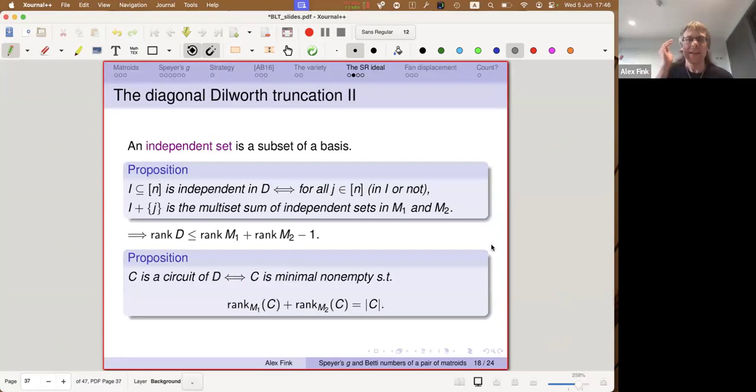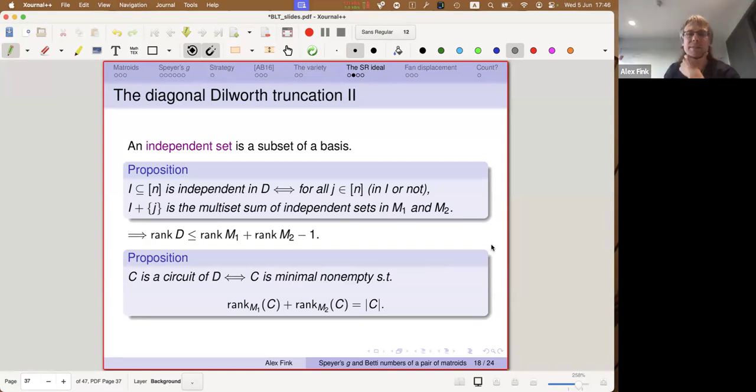Well, what we really care about are the independent sets of this thing and the circuits of this thing, because we want to make the counterpart of this simplicial complex. So I guess you can characterize the bases in terms of something almost like matroid union.